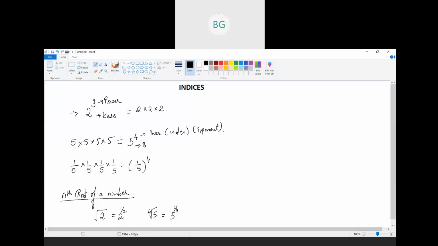So in general, the nth root of any term, say a, can be written as a to the power 1 by n. Getting it?